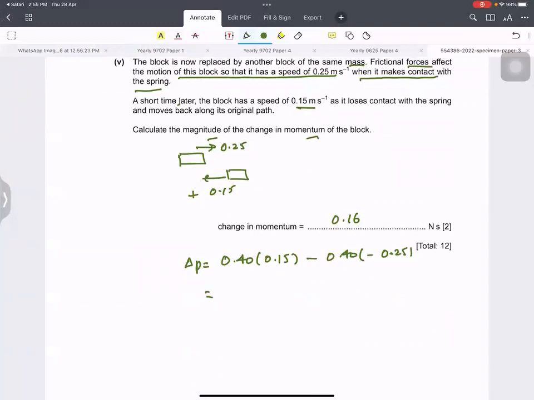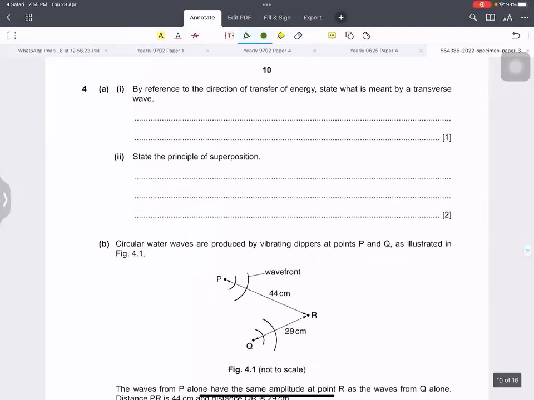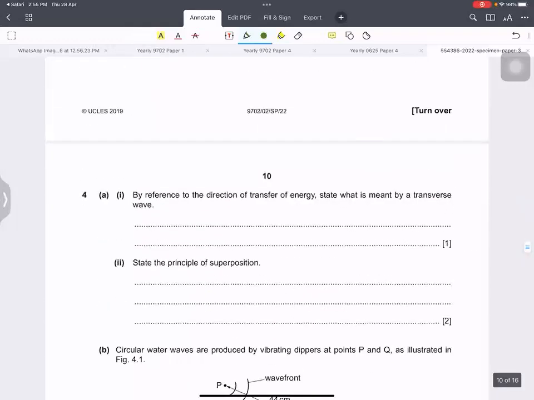All right, now going to the next one. By reference to what is meant by transverse wave: perpendicular oscillation to the direction of energy transfer. State the principle of superposition.